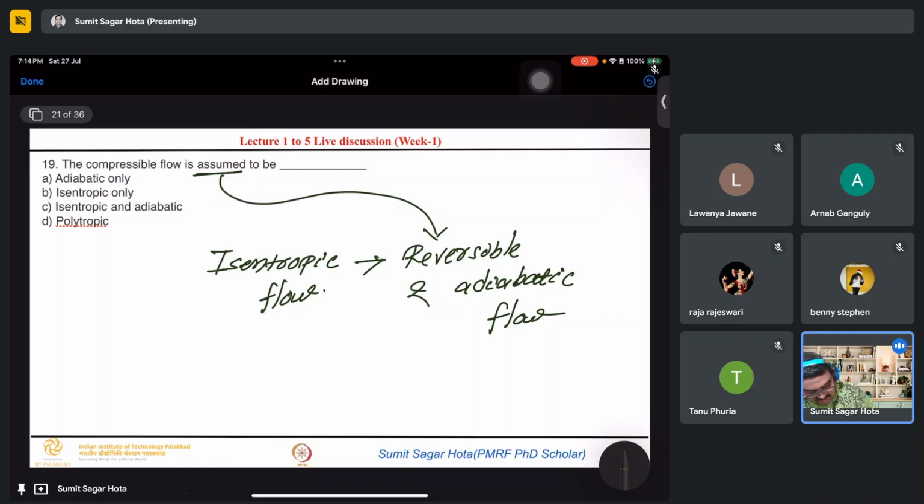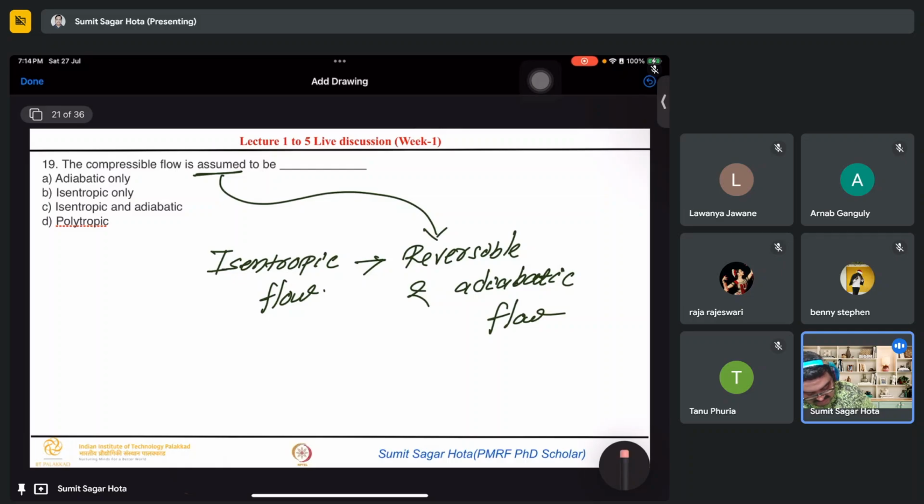Reversible means the system works both ways, any kind of reactions are possible. Reversible adiabatic means there is no heat flow in or out of the system, and this is also a reversible system. So these options cannot be possible.